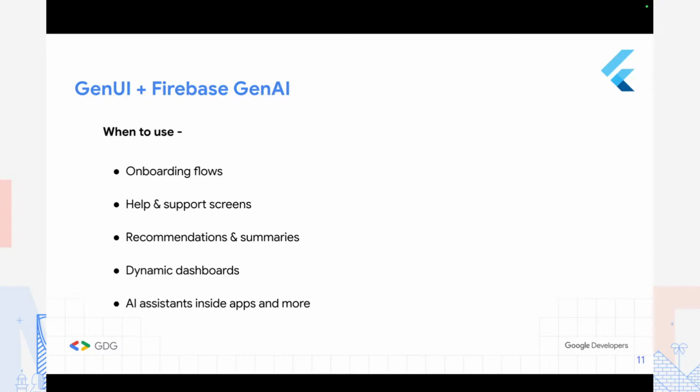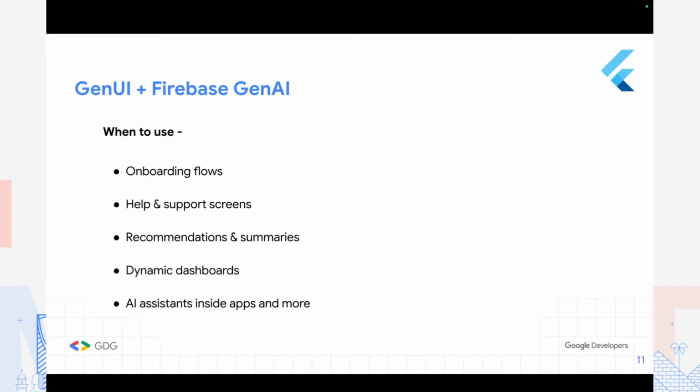Such cases we can use generative AI, like help and support screens. Again, data is going to be static. There could be a call to action button that is going to take the user to the phone screen. Again, this is something we can handle with Gen AI.